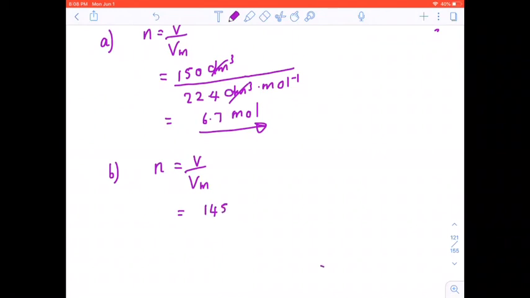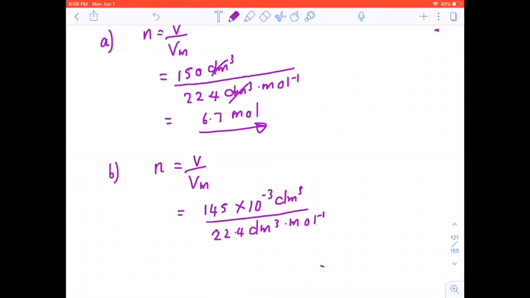To convert it to dm³, we multiply by 10 to the minus 3, right. And the molar volume of the gas at STP is 22.4 dm³ per mole, right?